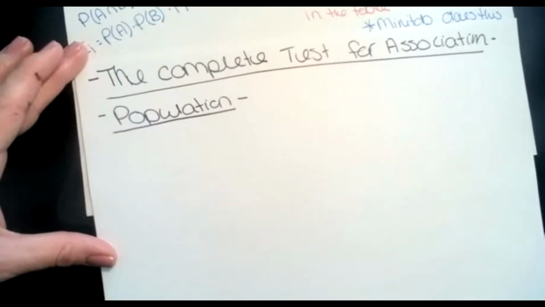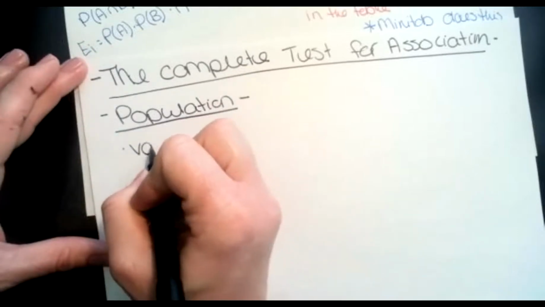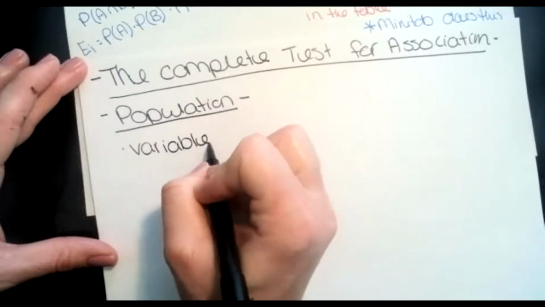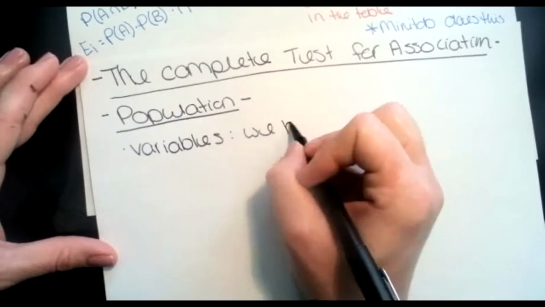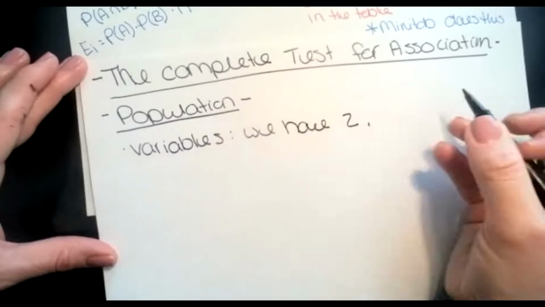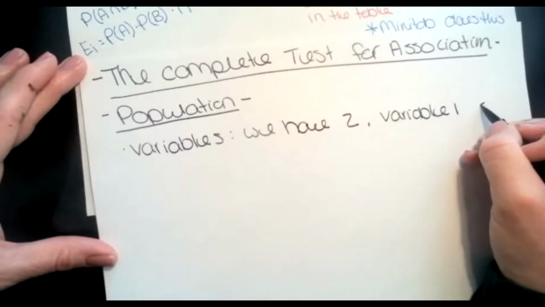Makes it a little bit quicker, a little bit shorter for us. So here we're going to mention the variables. And remember, we have two variables. You don't have to say we have two, but I'm just going to say it right here. So you're going to name variable 1 and variable 2.